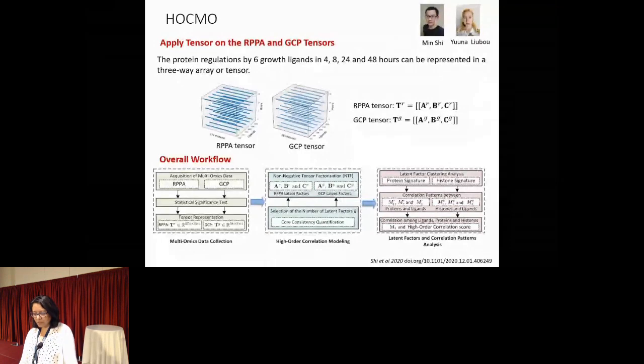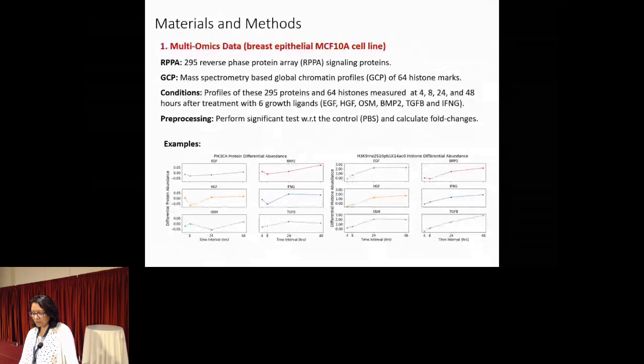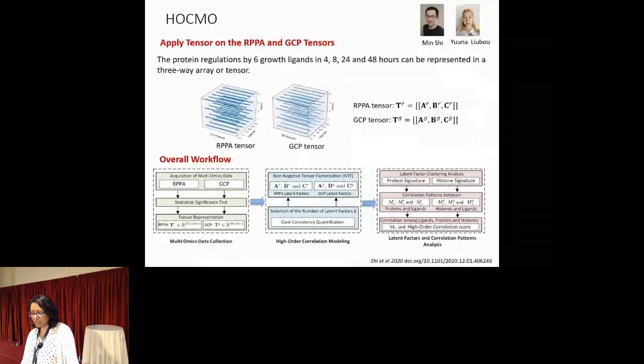The workflow is that we would initially bring in all this multi-omics data, do some statistical significance tests by performing differential analysis, and then use a non-negative tensor factorization technique to extract the latent factors that will allow us to understand how those latent factors could give us information about the inter-pathway signaling versus the correlation patterns, which can be derived from using the latent factors to look at the intra-signaling pathways.